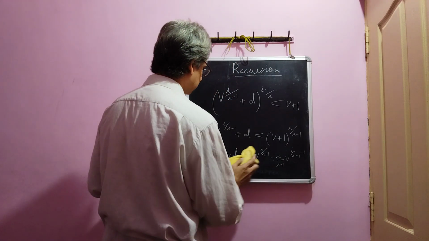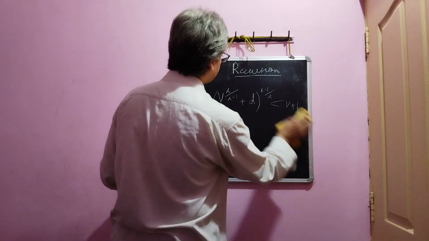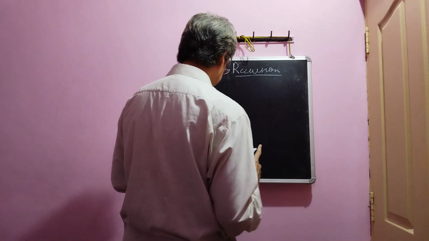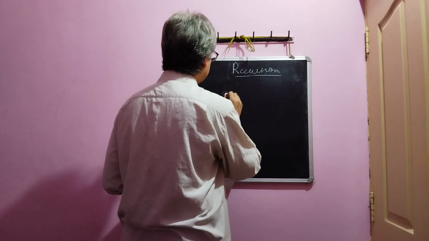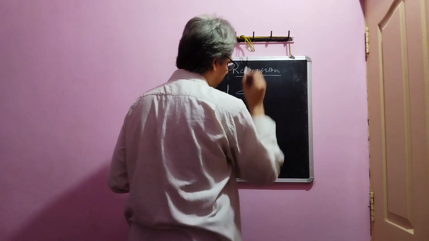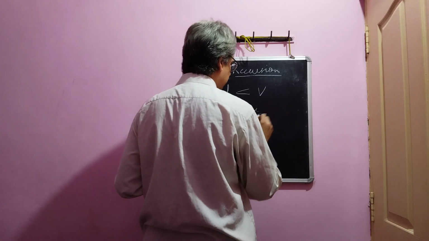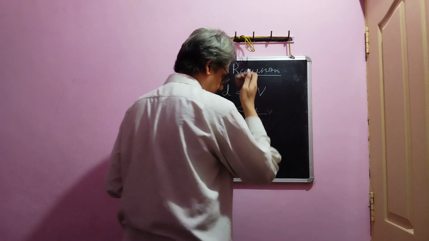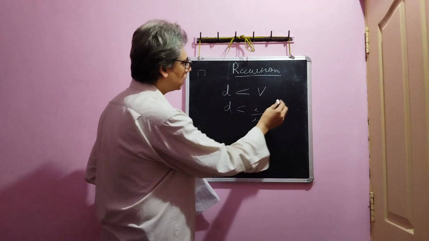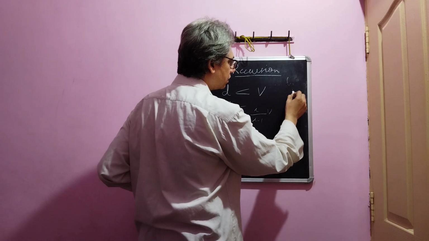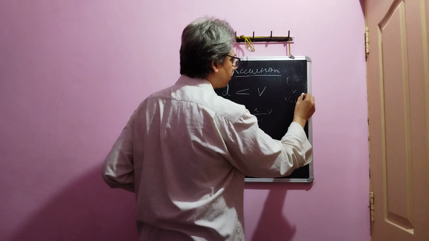So this is the requirement. So v^(i/(i-1)) will cancel out, and we will be left with d must be less than v. It will actually be d must be less than i/(i-1) times v. Now the assumption we have made here is that if we hash add a new symbol to v, the new hash value v dash is nothing but v^(i/(i-1)).